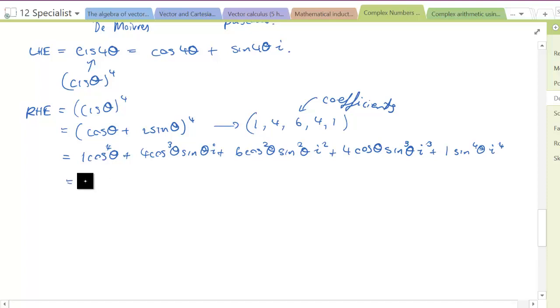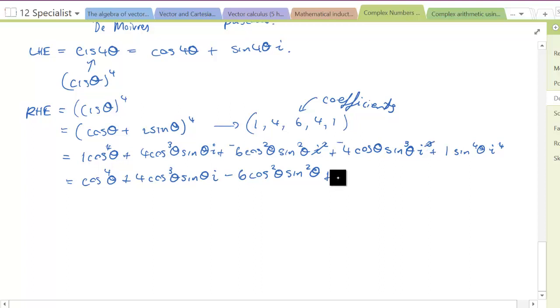This simplifies nicely. We have cos to the power of 4 theta. We have 4 cos cubed theta sine theta i, so that doesn't change. i squared is -1, so we have subtract 6 cos squared theta sine squared theta. i cubed is the same as saying -i, so we have now -4 cos theta sine cubed theta i.